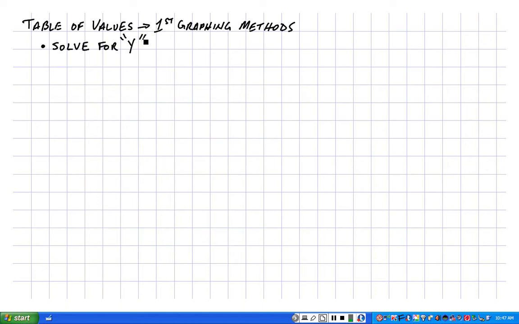Now, in doing so, all other terms that would be on the other side of the equation from y would typically consist of an x term and a constant term.